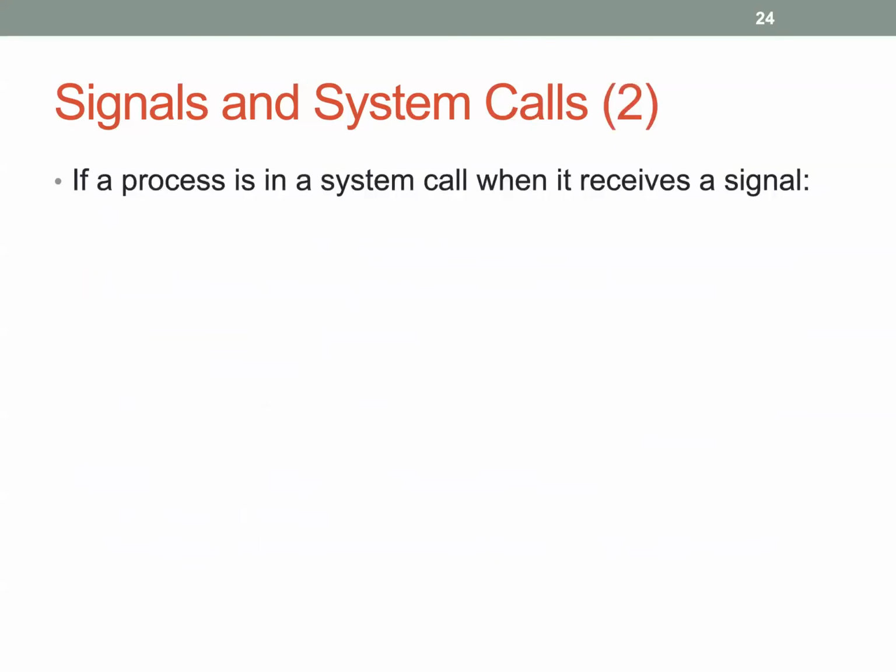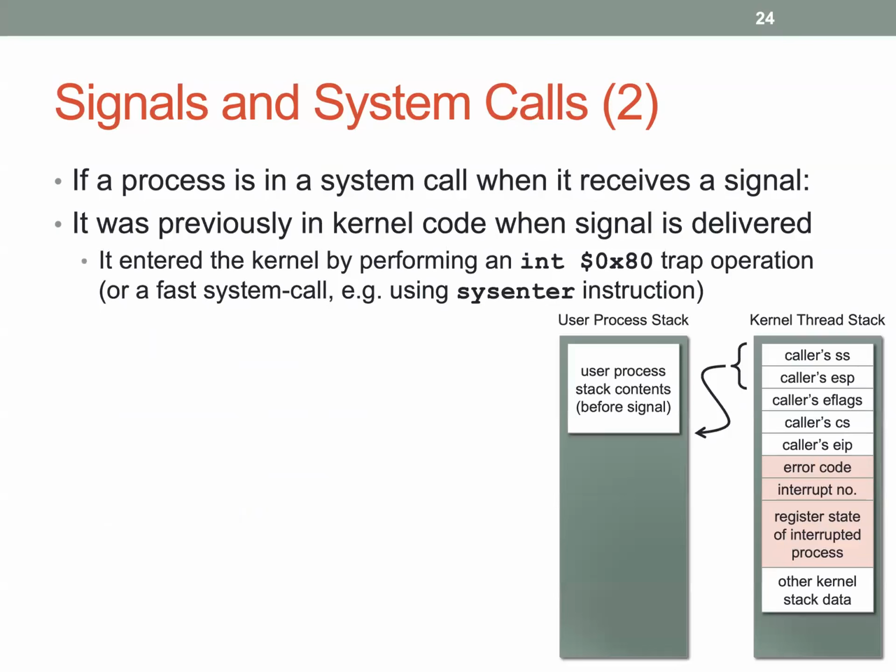Okay, now if the process is in a system call, remember the stacks. This is always the answer, it seems. If the process was in a system call when it received a signal, then guess what? The kernel is going to be able to see the interrupt number, and it's going to know, hey, the process trapped into the kernel.